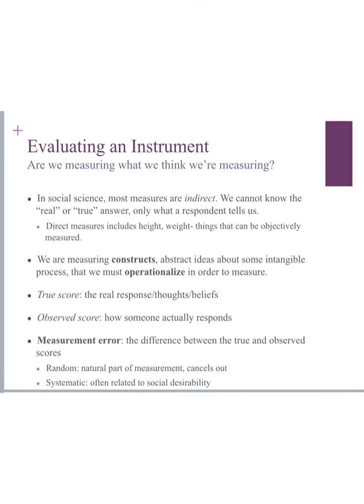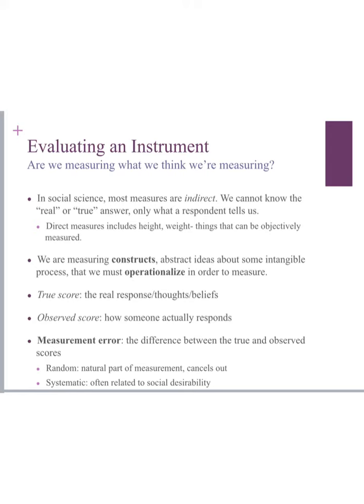What I want you to get from this slide, are we measuring what we think we're measuring, is that there is always measurement error. There will always be a difference between what is really happening and what we can measure, because most of our measures are indirect. We can only know what somebody tells us.